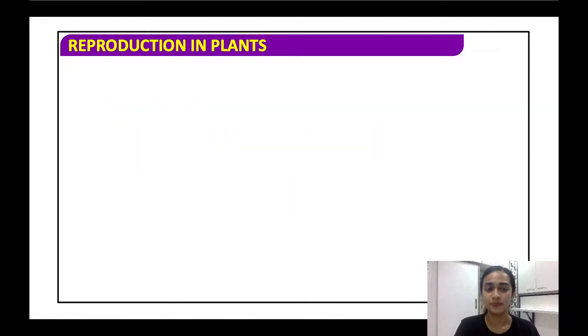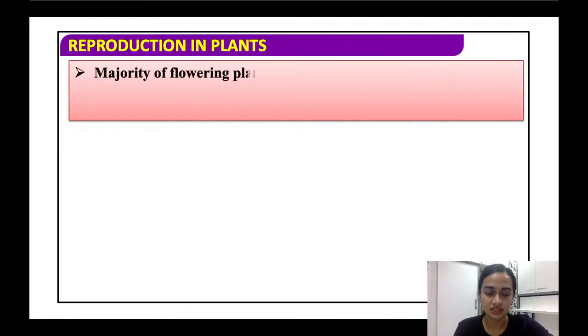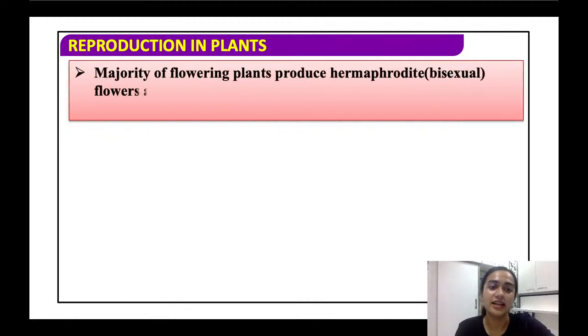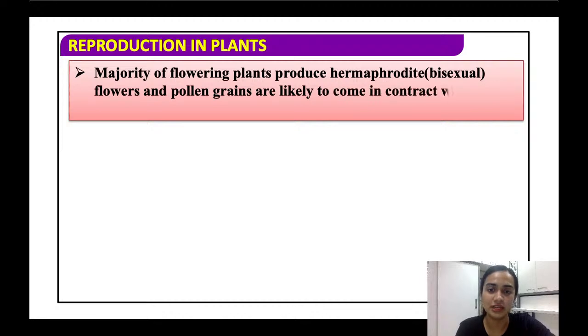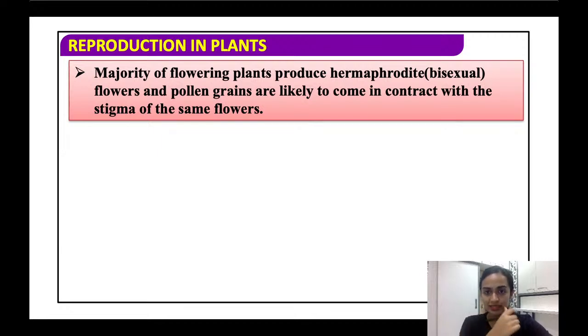Outbreeding devices. Again, a very important term. What happens is that the majority of the flowering plants produce hermaphrodite, that is bisexual flowers. That means in the same flower there is an anther and a stigma, that means a male and a female gamete.